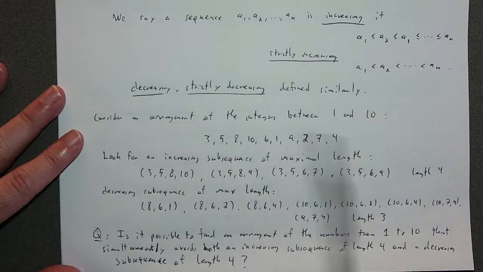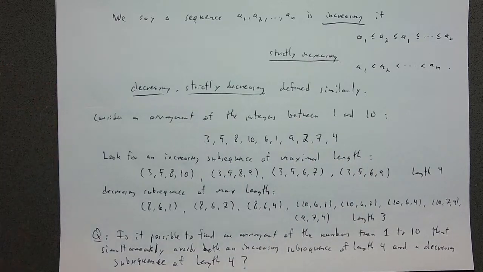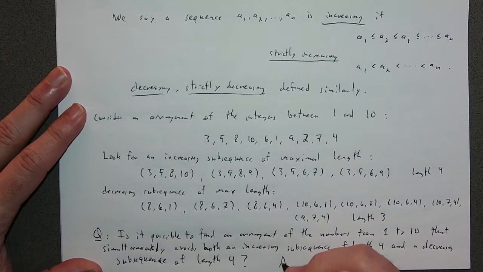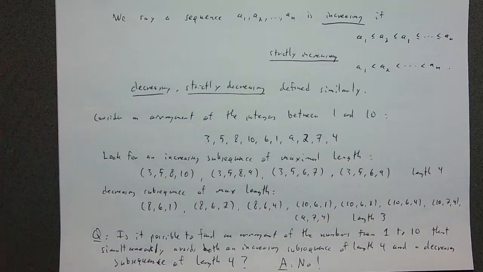Is there a way to arrange these so that both would have maximal length 3? That is what is being asked here in another way. This is kind of a hard question thought of from this angle. The answer actually is no. No, it is not possible.